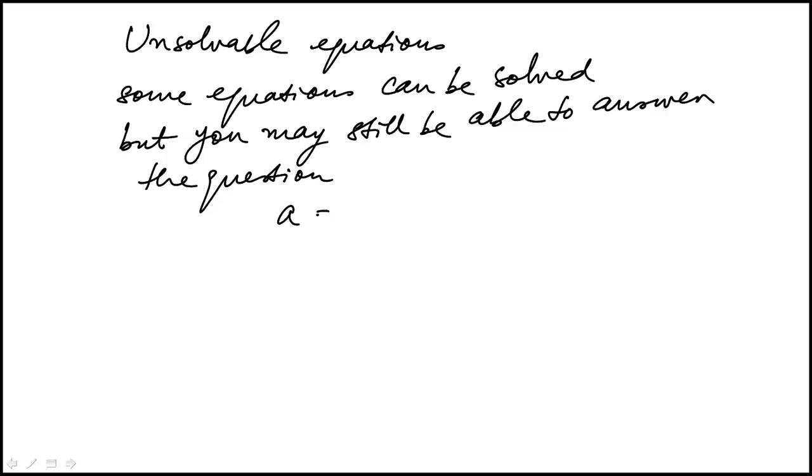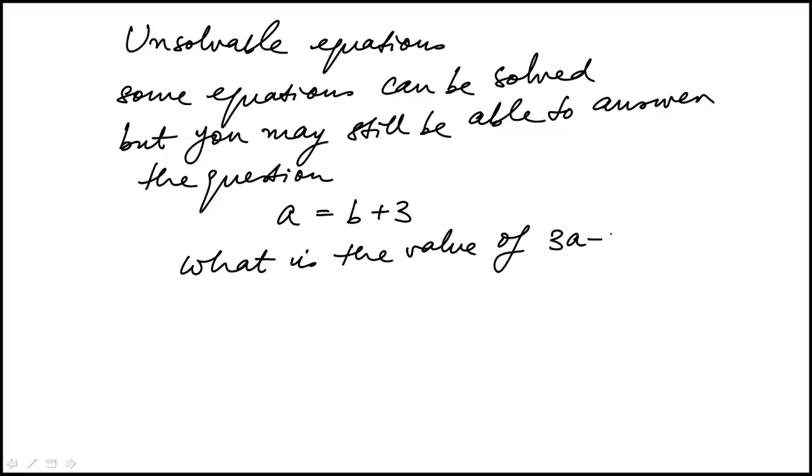So, for example, if you're given a is b plus 3, and the question is, what is the value of 3a minus 3b? Now, if you notice this relationship, there are lots of different numbers that satisfy it.